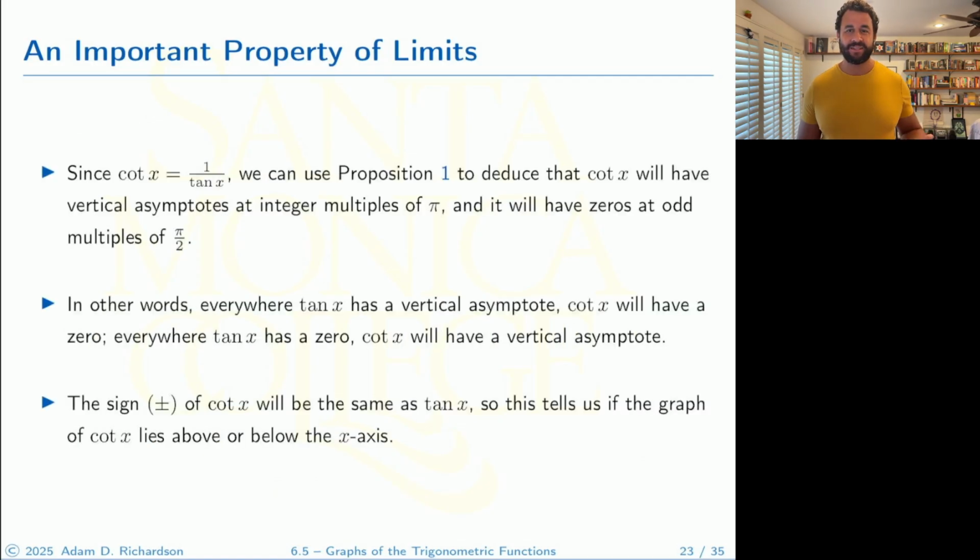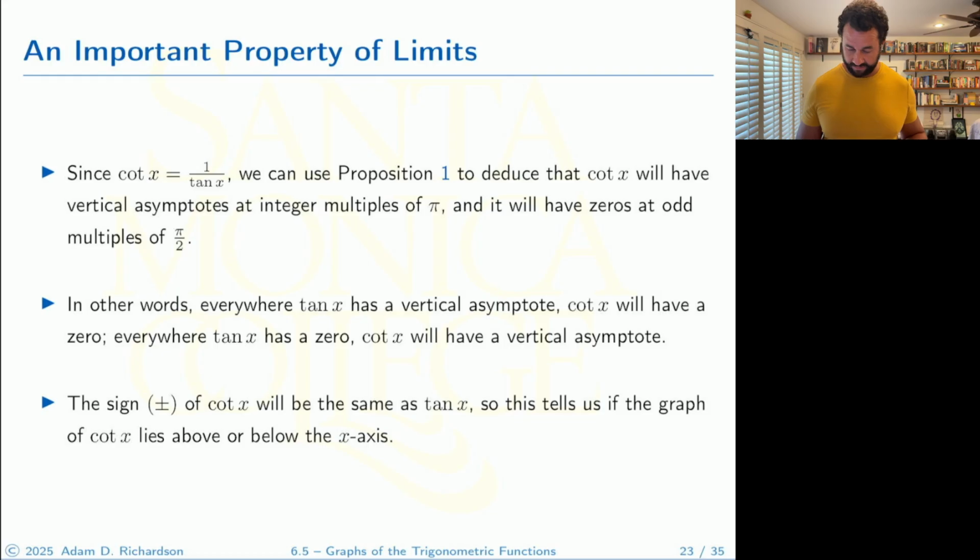Everywhere tan has a vertical asymptote, cotangent will have a 0, and everywhere tangent has a 0, cotangent will have a vertical asymptote. Also, remember that the sign will be the same because reciprocation doesn't change the sign of a number. So the sign of cotangent will be the same as the sign of tangent for every x where they're defined. So this tells us if the graph of cotangent lies above or below the x-axis.